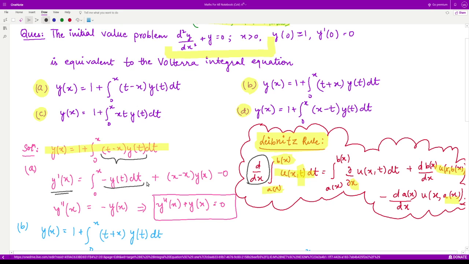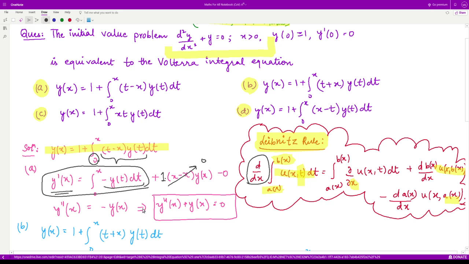Plus the derivative of the upper limit, which is x, so its derivative would be 1, and next we have this whole function where t is replaced by the upper limit x. So (x minus x) into y(x), minus the derivative of the lower limit, that would be simply 0. 0 into something would be simply 0, so this term also becomes 0. x minus x is 0, so we are only left with the integral term.